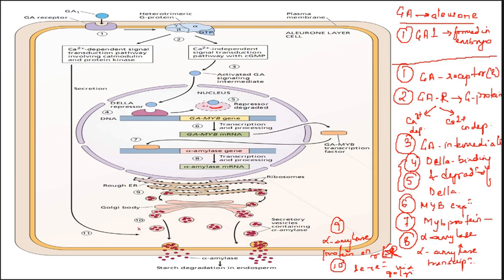Number 10, these proteins are secreted via Golgi, and number 11, the secretory pathway.